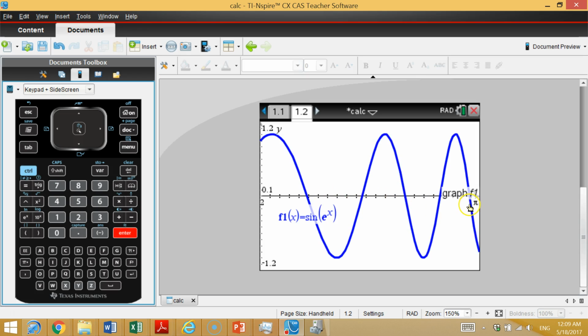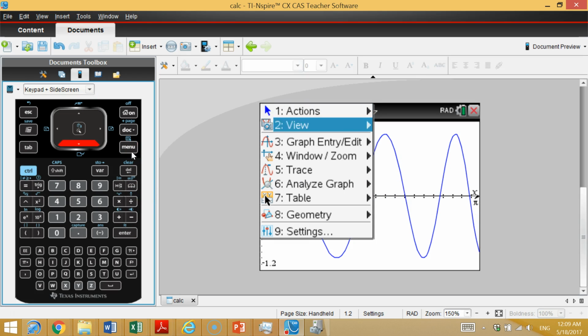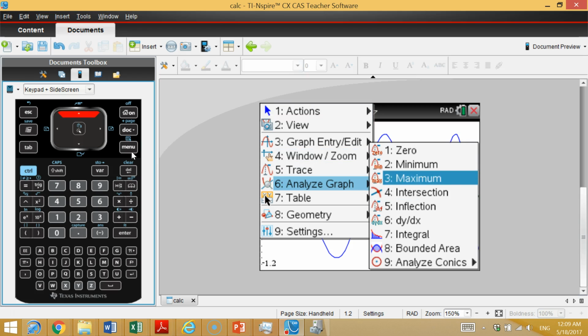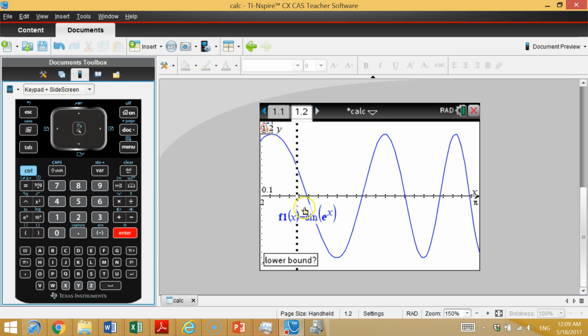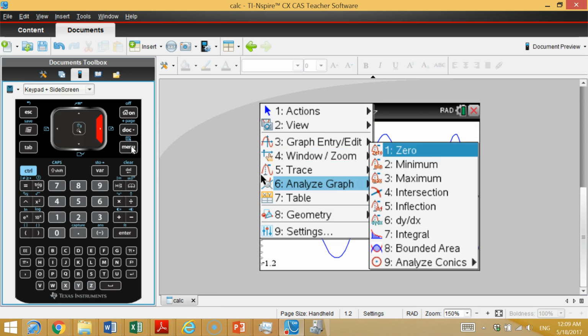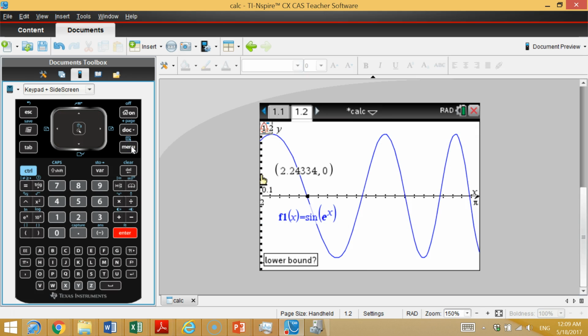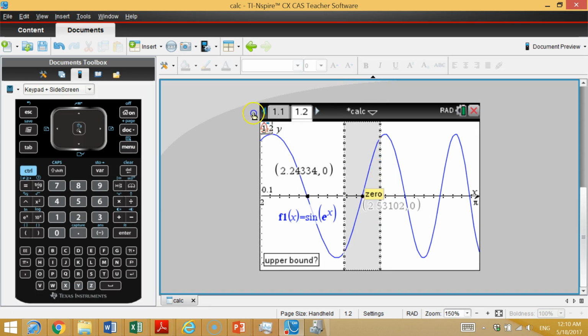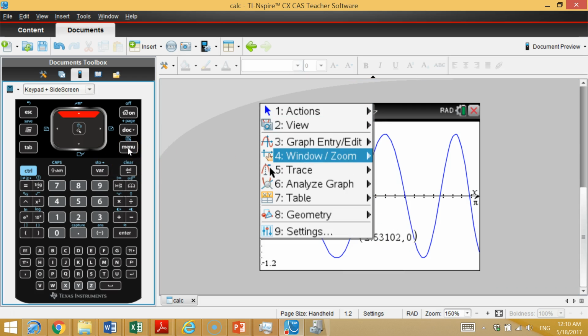It looks like there's 5 zeros. So now I'm going to go to Menu, Analyze Graph, Zeros. Scroll through that first one. There's our first 0. I'm going to grab and move that. Menu, Analyze Graph, Zero. Scroll through. There's our second one. Do this a couple more times.